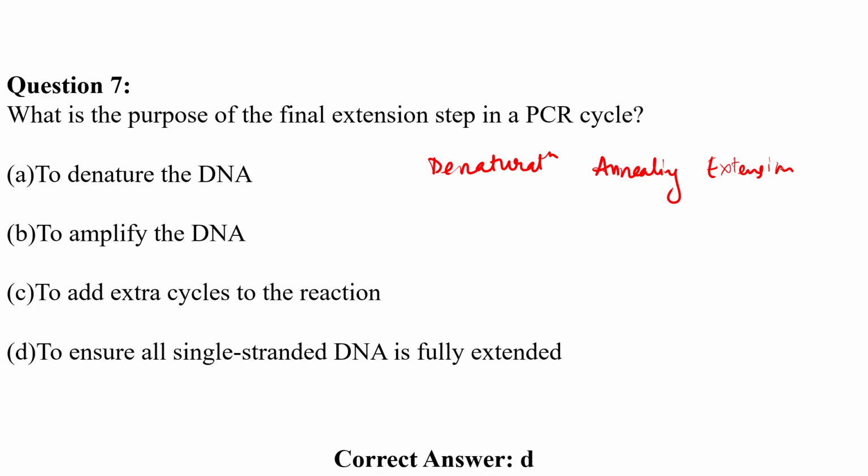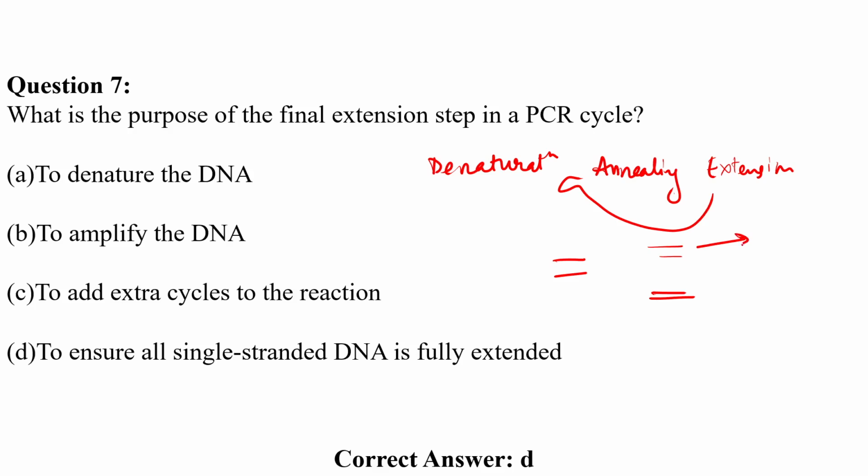Okay, and then after extension we have this next stage. Once this annealing and extension is happening, this step will keep on repeating. So again extension, then again we'll come back to denaturation. So from the 2 strands that we have, now we will have 4 different strands, right?